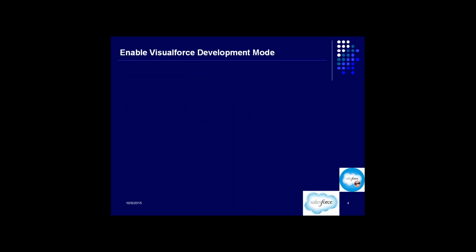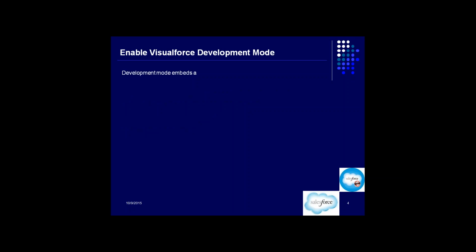The first thing that you need to do is enable the Visualforce development mode on your developer org. For any user who wants to do development on Visualforce, it's recommended to enable the development mode. What will this development mode do?